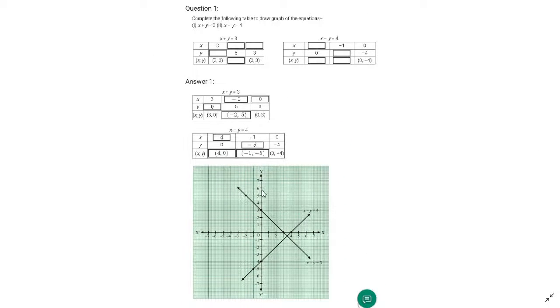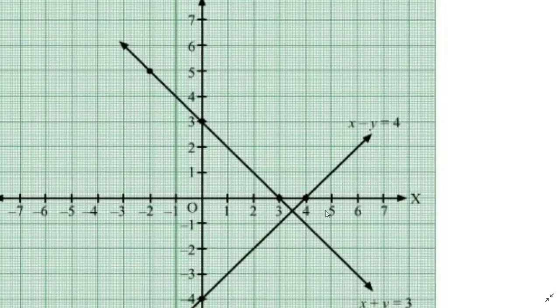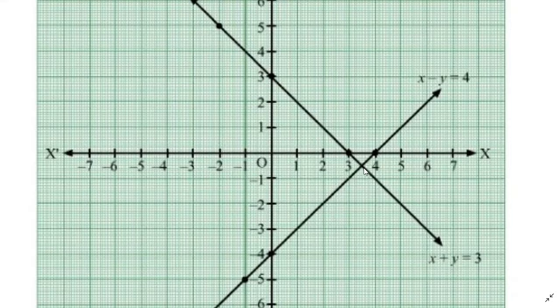So we draw on the graph paper. What is the solution of these? This is the solution. This point on the graph paper is the solution of these two lines. But as we can see here, the solution is quite complex because it comes neither on a whole number nor on an exact value.